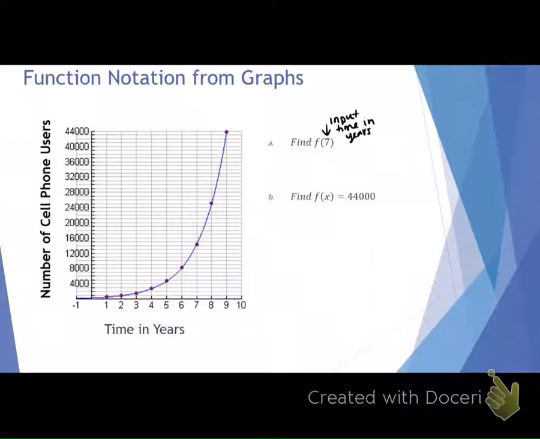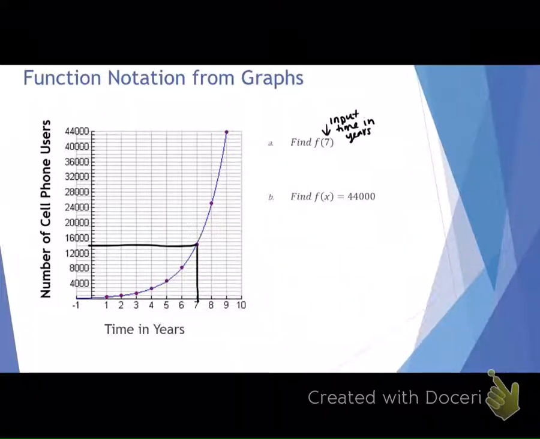How many cell phone users are there? It's 14,000, but it's not exact, is it? Oh, whoops, I looked at the wrong one. That'd be somewhere around 14,000.